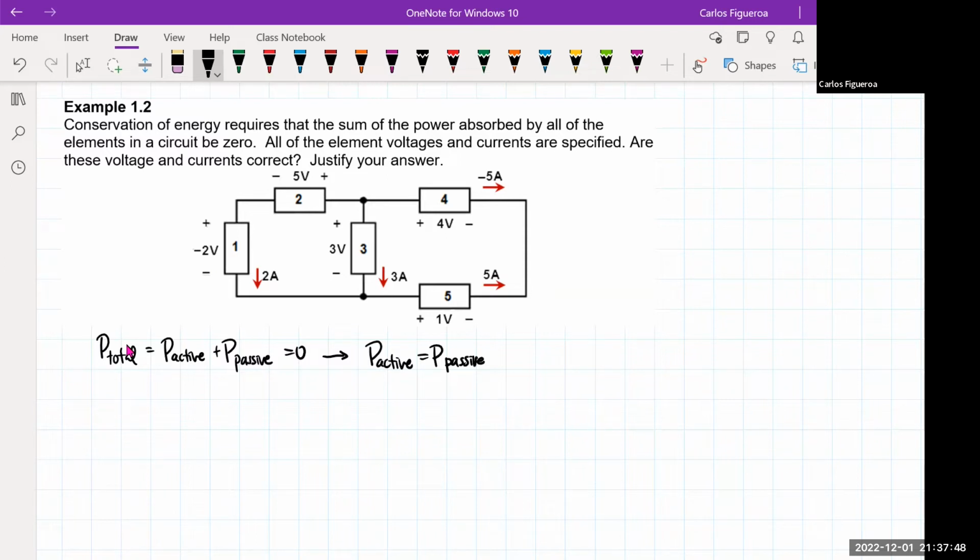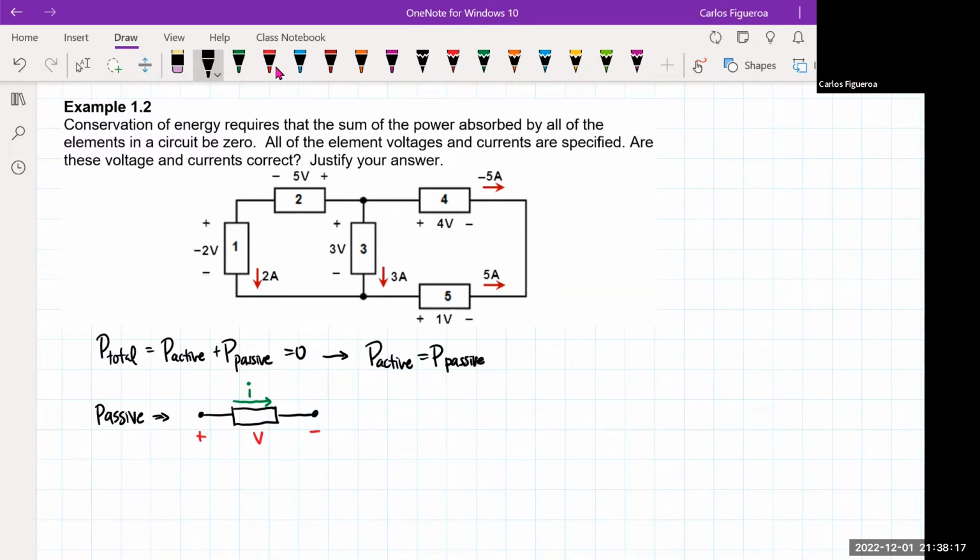So if I look at a passive element, that implies that I have an element like this, and it has a voltage. And the current goes from the high potential to the low potential. That's what we mean by passive.